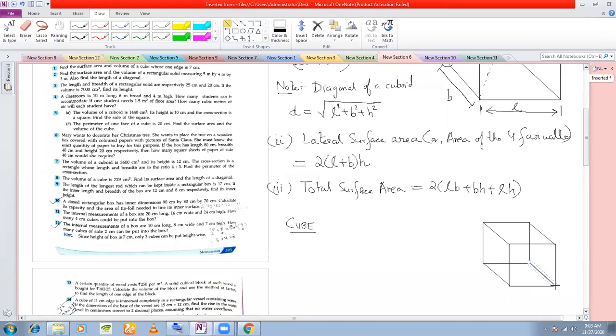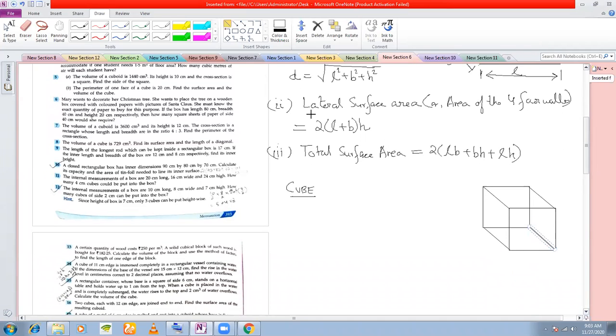This is a cube in which you don't have a different length, breadth, and height. All are equal to A. Length is also equal to A. Breadth is also equal to A. And the height is also equal to A.